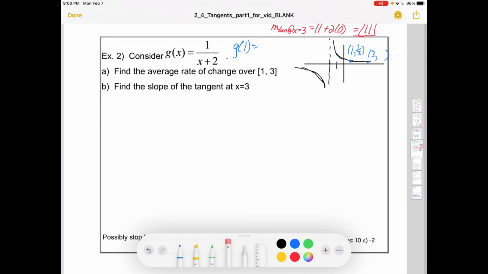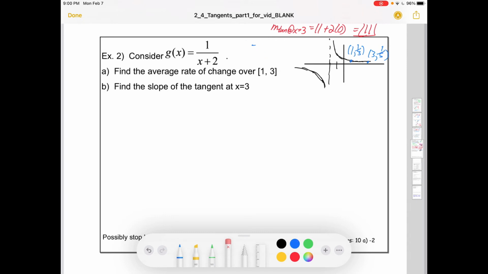If I put in 3 for x, I get 1 over 3 plus 2, so I'd get 1/5. You can see that the slope's going to be negative, but fairly gentle, like a small negative number.